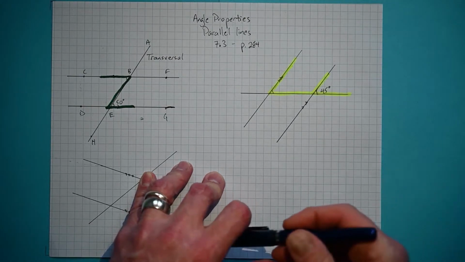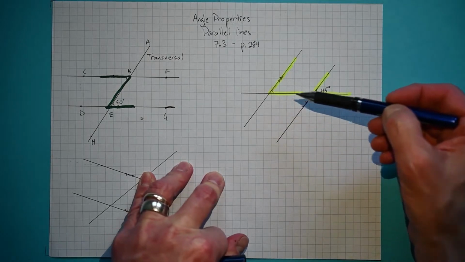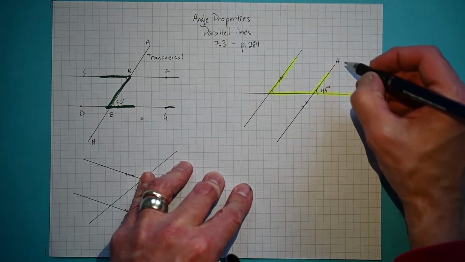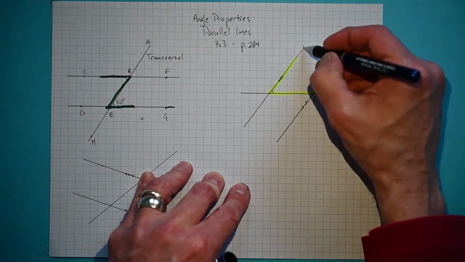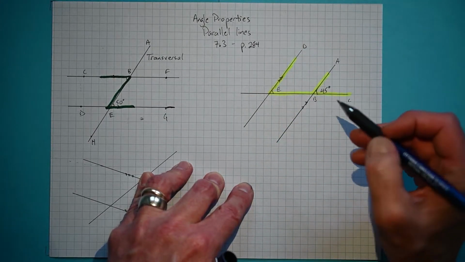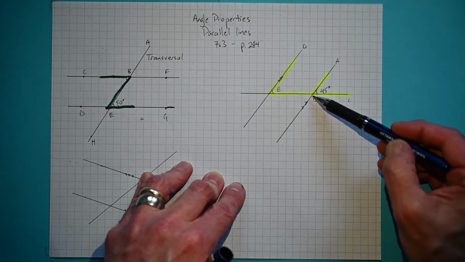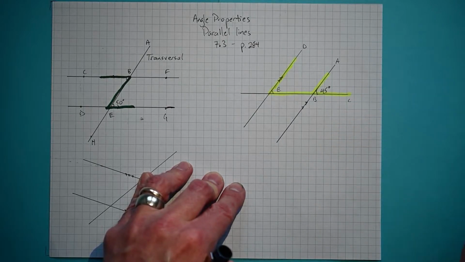And again, we're kind of looking at, forgive the terminology, the armpits of this F. And if I give just a few letter names here again, so that I can identify a few things, I can say that angle DEB is, you guessed it, 45 degrees. Why?